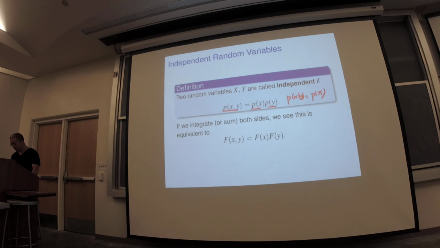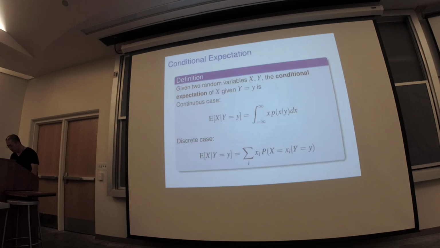And also, when you do the integral on both sides, you get that if two random variables are independent, then their joint CDF is equal to the product of their marginal CDFs respectively.